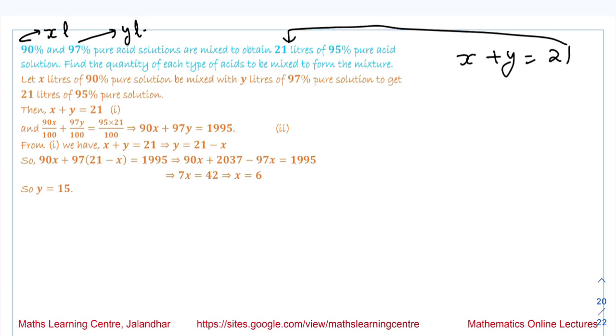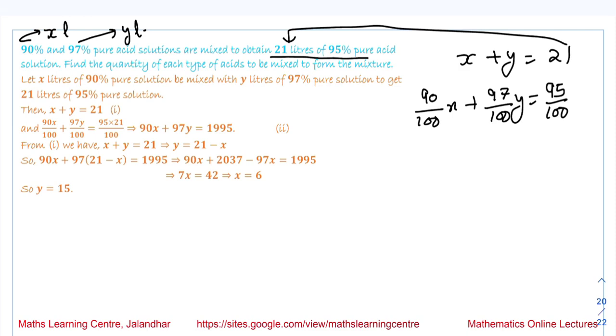That is the total amount obtained. Next, we have 90 by 100 x plus 97 by 100 y. That should be equal to the total amount, 21 liters of 95% solution. So it is 95 by 100 into 21.